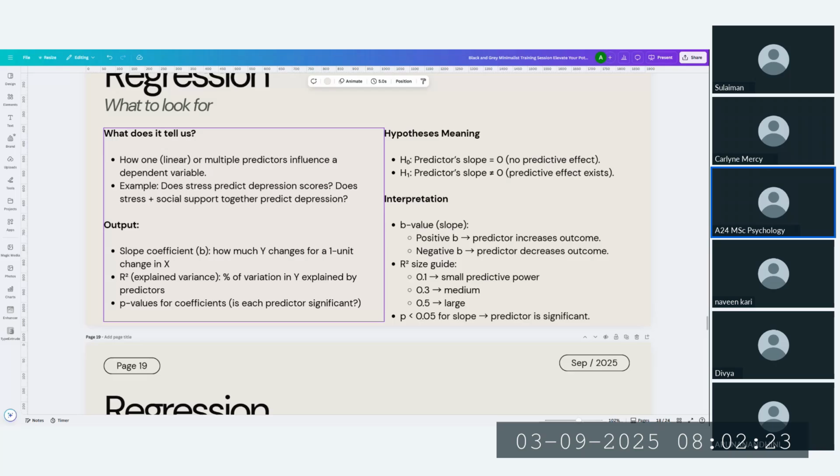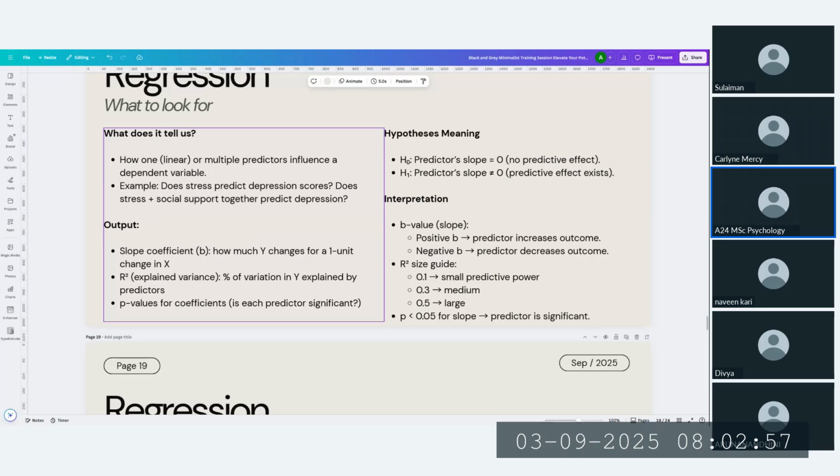It may change by half, it may change by 0.3, right? So that is the slope coefficient. Explained variance, or R squared, is the percentage of variance in the depression score that can be explained by these predictors, right? How much of the change in depression score can be predicted by stress and social support? If you find that it cannot be, maybe there are some other factors.